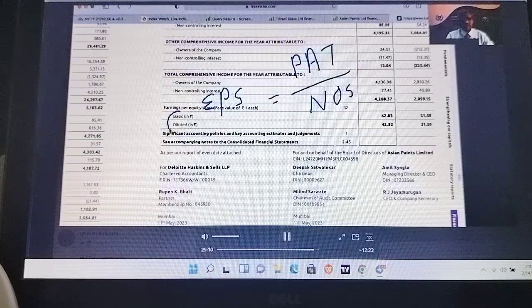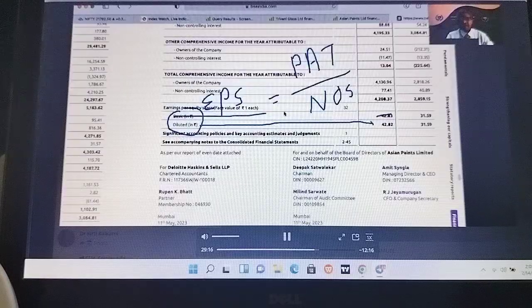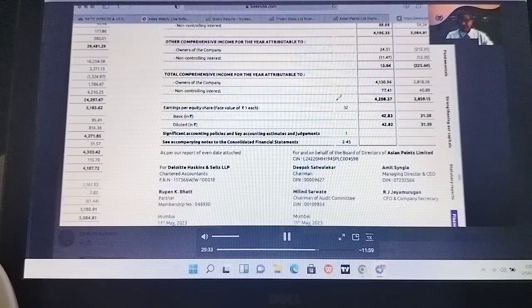There are two varieties: one is basic and one is diluted. Always take diluted, ignore the basic. Why? Because the number of shares in basic sometimes does not include employee options or some shares which are not explained. Even preference shares are not mentioned.